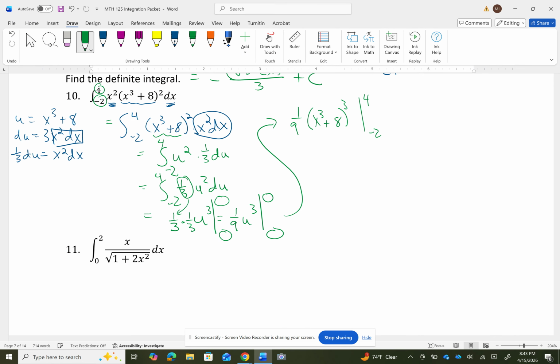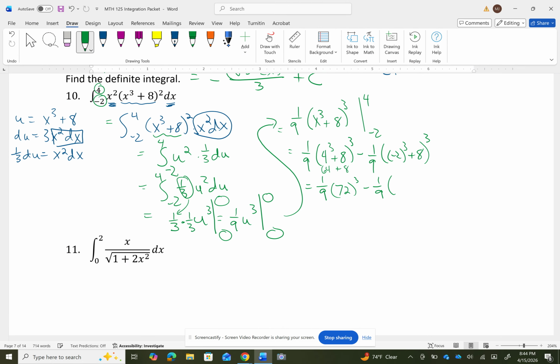So then I'm going to need to take the 1/9, plug in the 4 for the x, then subtract 1/9, plug in the -2 for the x, and see what that turns out to be. Okay. So let's see, that's going to turn out to be kind of large. So it's a 1/9, that's 64 plus 8, so that's a 72 to the third.